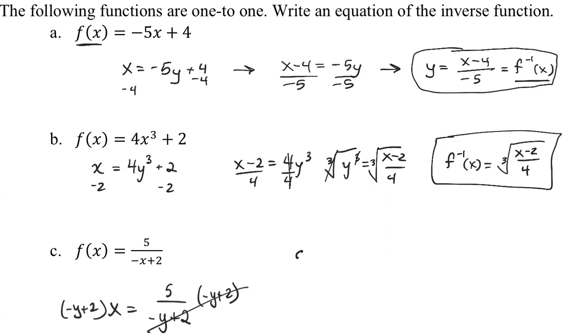So now what we have is 5 equals, do we distribute now? Let's see. Let me write it without being distributed. So the x is in front of the parenthesis, negative y plus 2. What is it we're solving for at this point, once we've cleared the fraction? Y. We're trying to get y by itself, yeah.